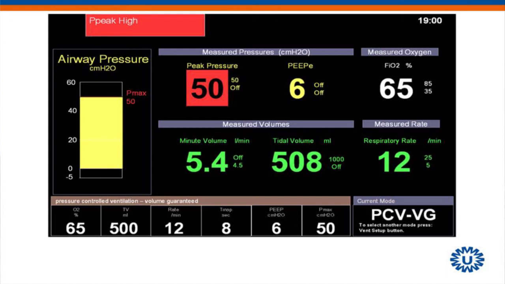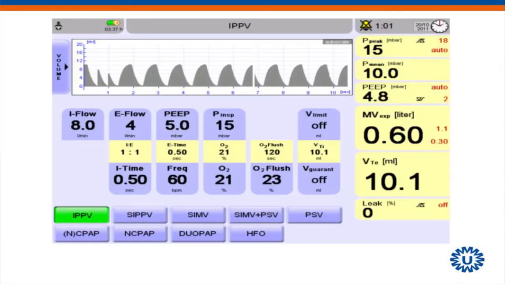But it's still possible to close your eyes to waveforms and loops. Most ventilators offer you the possibility to make the waveforms and loops invisible. Is anybody of you working with such a screen, with only numbers? Some people prefer a screen with one waveform.